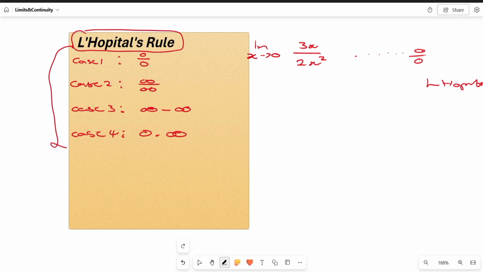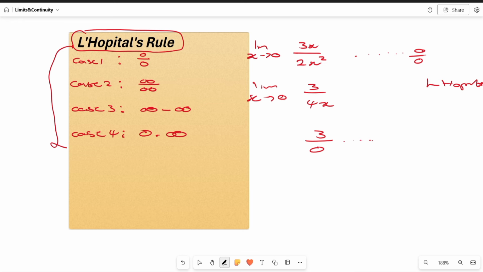So in case number 1, you substitute, you derive. It will be the limit as x approaches 0. What happens now, guys, is that you're going to have 3 over 4x. Now when you substitute, you're going to have 3 over 0.